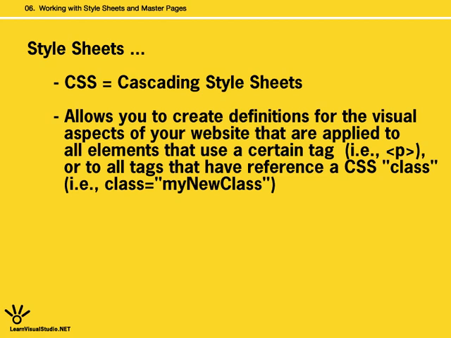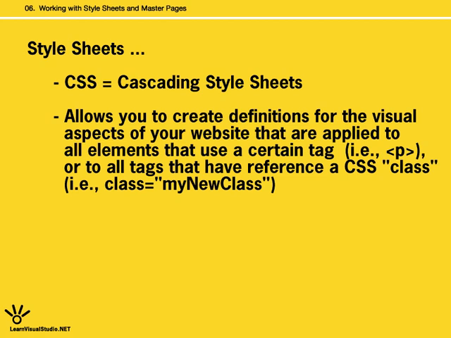You can also create custom classes and apply those classes to the various elements on your application or your web page. For example, you might have a paragraph of text and apply a class called myNewClass.